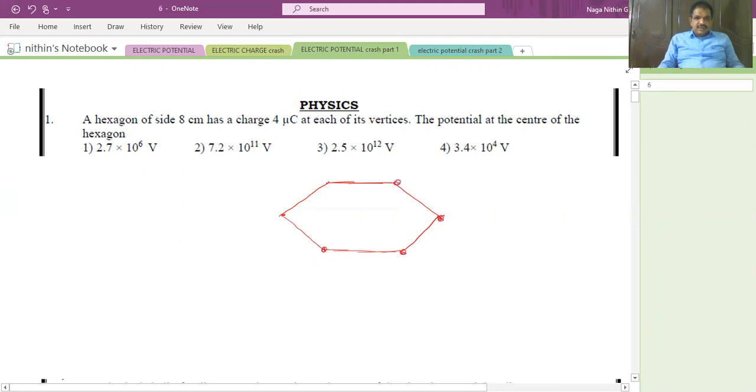At each corner, 4 microcoulomb charge is placed. So here 4 microcoulomb, here 4 microcoulomb, at each corner 4 microcoulomb charge is placed.